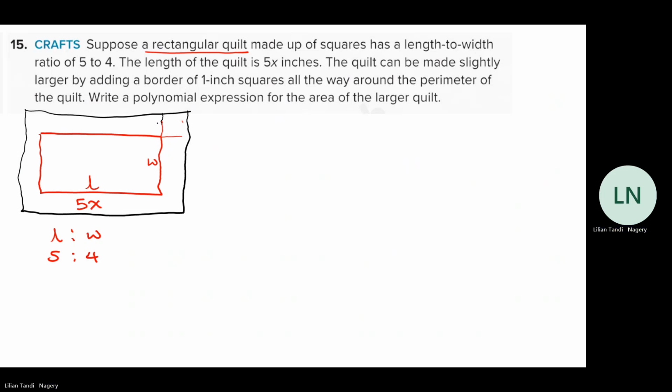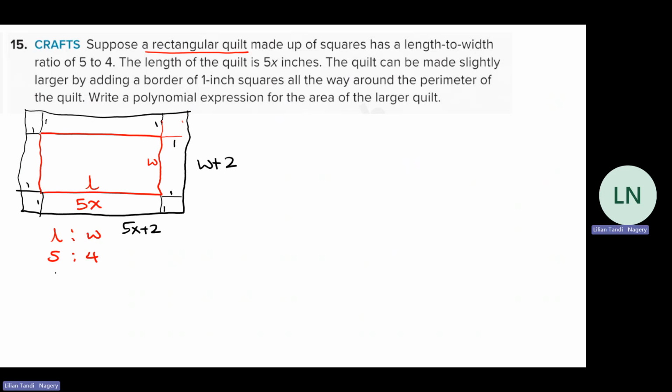So 1 here, 1 here, 1 here, 1 here, 1 here, 1 here, 1 here, 1 here. So the new length will be 5x plus 2 because there's this one and there's this one. So the new length is 5x plus 2 and the new width is w plus also 2. Now I know that we need to find what is w.